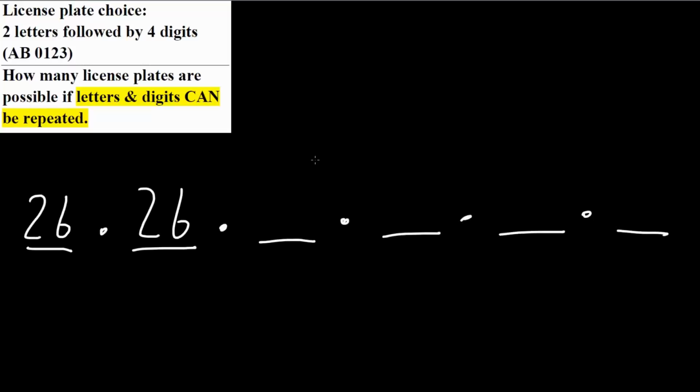If you include 0, you include 9, there's 10 digits. So we have 10 possible choices, and since we can repeat, we can have 10 here, 10 here, 10 here, because we could possibly have AA 0000. And so now we simply multiply this to give us our total number of license plate choices.